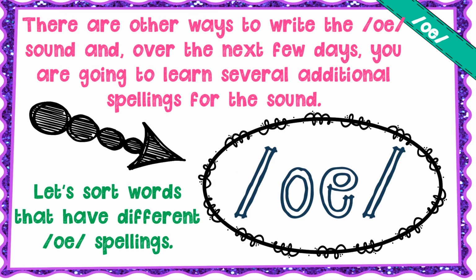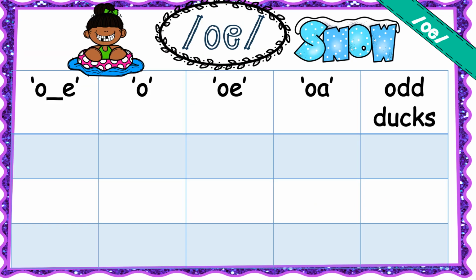Now there's several other ways to write the O sound, just like when we did the A sound last week. Over the next few days, you're going to learn several additional spellings for the sound. Now let's sort some words that have different O spellings. Okay, now we're going to sort some of our different ways to make the O sound.